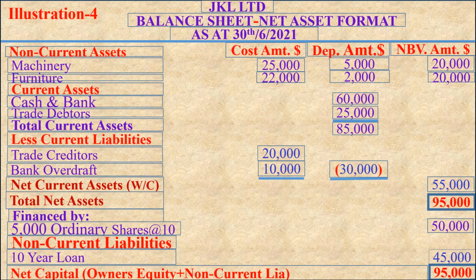So that is how this net asset balance sheet format is different from that of the gross perspective. In one case we don't show the demarcation of the sources of finances used to facilitate the assets of the organization, while in the net asset format, we want to show the demarcation or have a cutting line between the internal sources which are long term and the long-term sources which are of external nature.